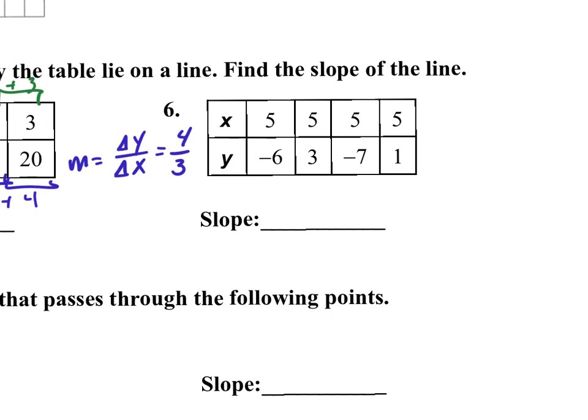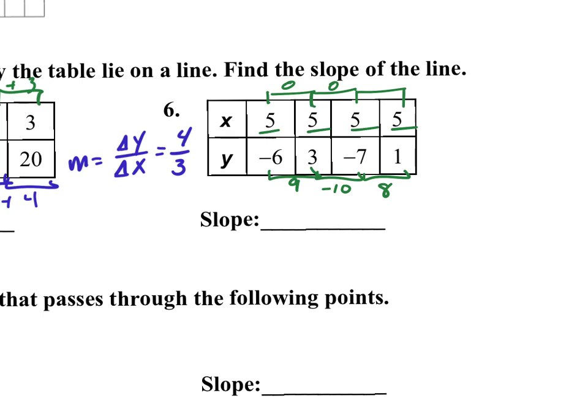You do the same for this next one. Something peculiar happens here. All the x's are 5. In fact, your change in x is 0. And your y's go up by 9, down by 10, and up by 8.